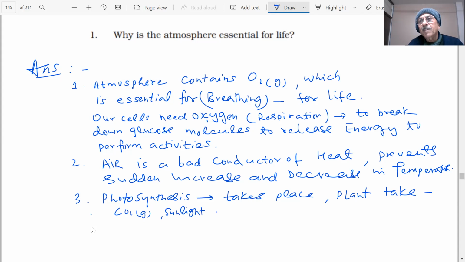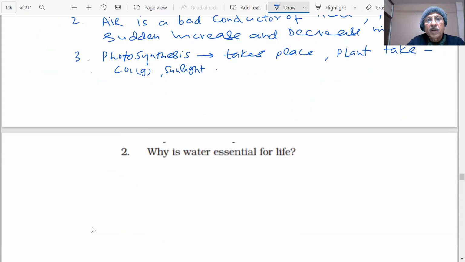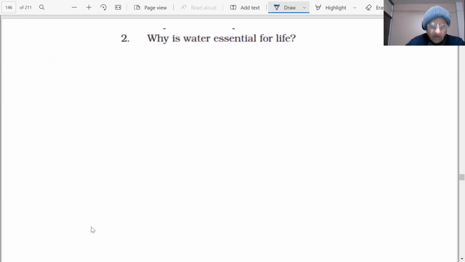There could be something more. It acts as a thermostat, maintains a constant temperature. You can learn more about this. Question number 2 is coming. These are important questions and repeatedly asked, not only in your class but in many other exams also, because they are related to our life, how we are existing on planet Earth.